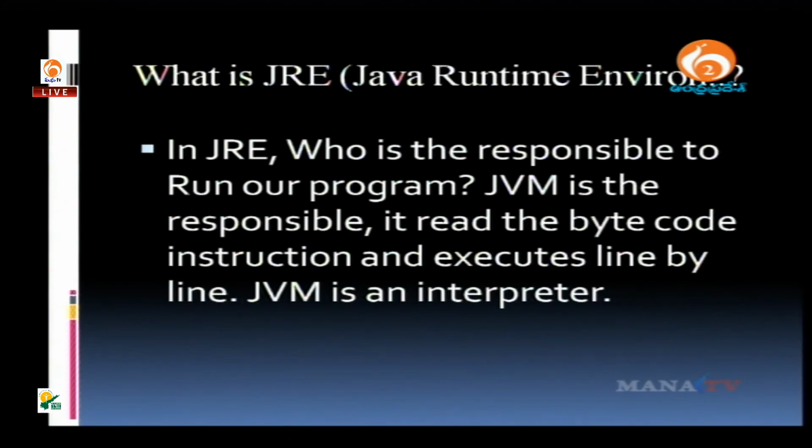In JRE, who is responsible to run our application? That answer is JVM. JVM is responsible. It takes the input as bytecode, reads the bytecode instructions step by step and executes. JVM is an interpreter.